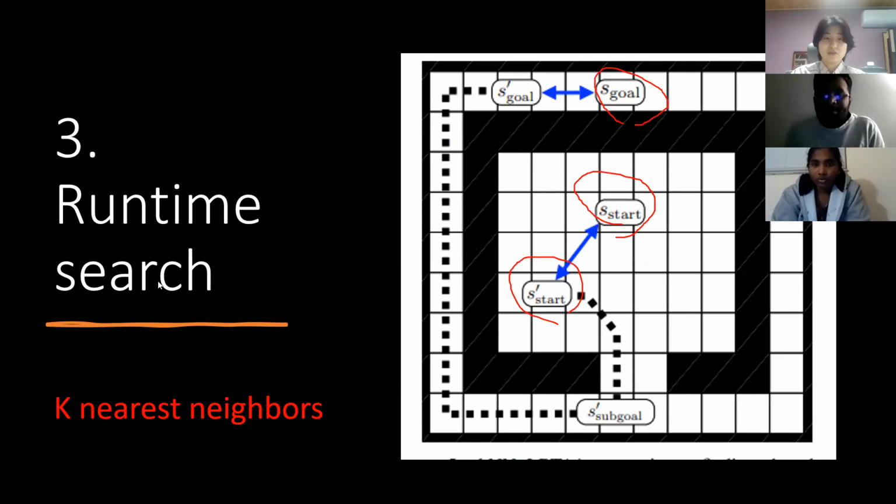And S prime start and S prime goal is the abstract pair of start and goal node. And the similarity computes this distance and this distance. And if the distance is similar, then we are going to choose that pair.